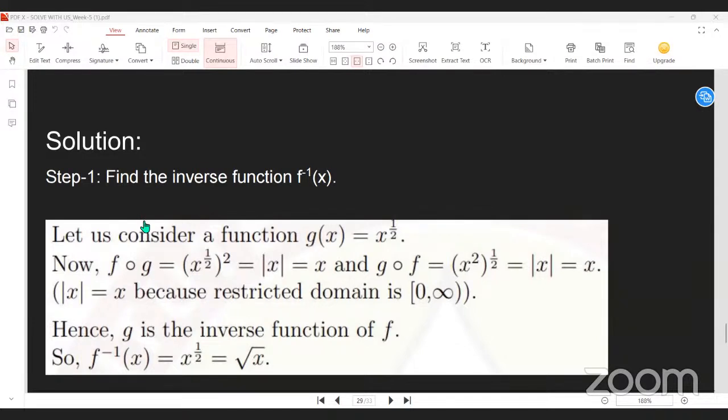Sir, may I ask for some suggestions related to preparation? I'm able to solve examples and activity questions, but when I solve practice questions and graded assignments, I make lots of mistakes and get too low marks. What should I do, sir?